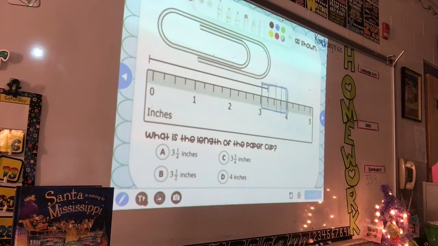So, where did it stop, Bridget? On the 1/4. So that's going to be what? Remember, you got to bring your whole with you. So that would be 3 1/4. Good, Evan. So you should have gotten B. Yes. Okay.